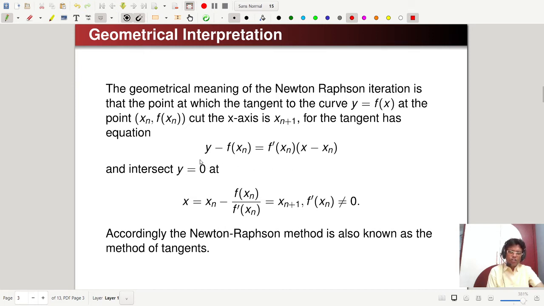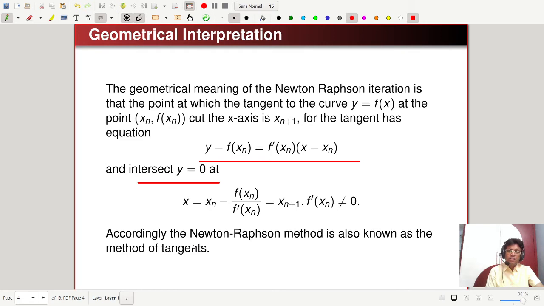The tangent equation is y - f(x_n) = f'(x_n)(x - x_n), and this tangent cuts the x-axis, that is y = 0, at x = x_n - f(x_n)/f'(x_n), which is nothing but your next approximation, x_{n+1}. That is why the Newton-Raphson method is also known as the method of tangents.